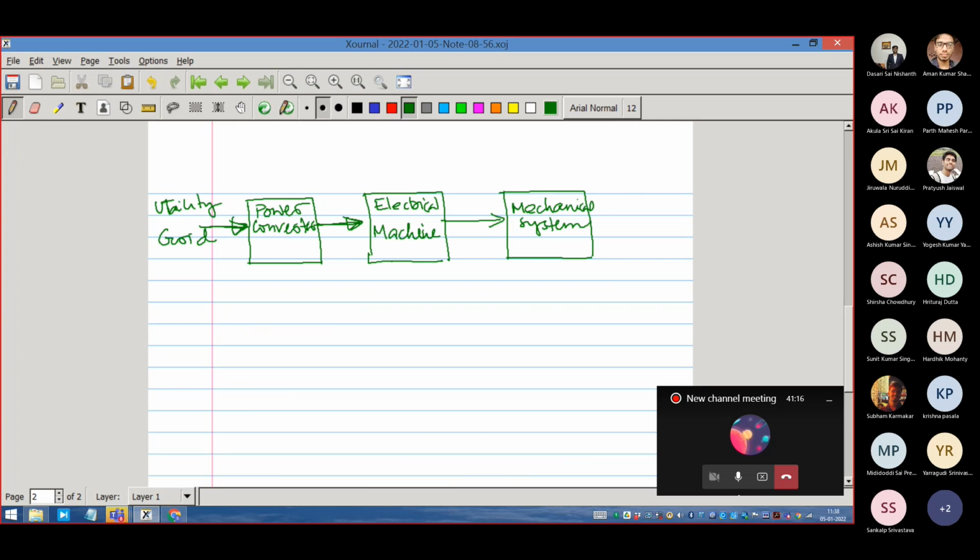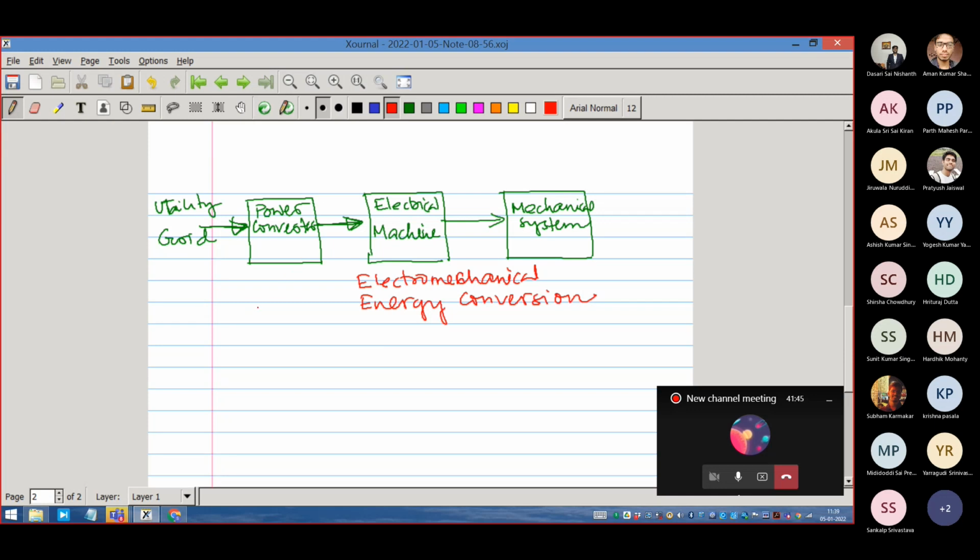So what is the electrical machine doing? It is doing electromechanical energy conversion. And what is the power converter doing?